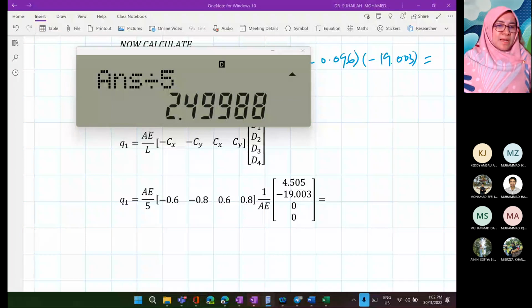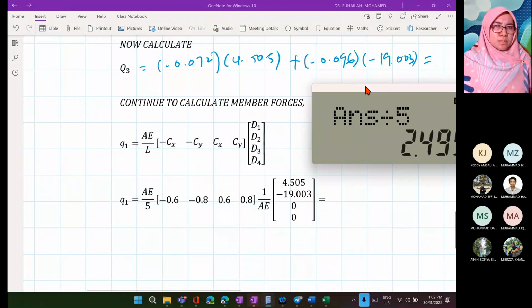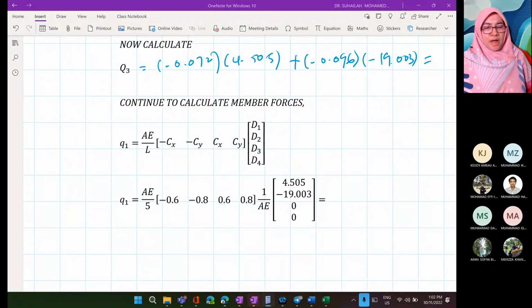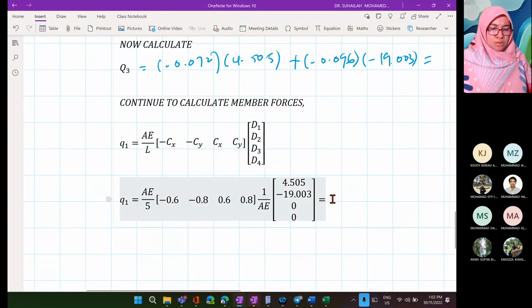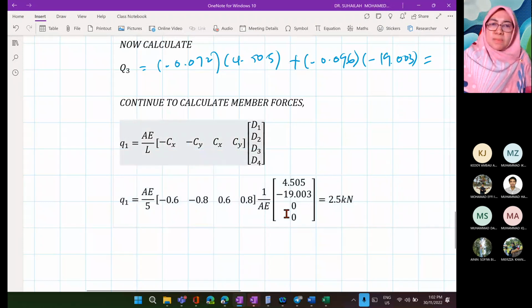So we get the value of Q1 equal to 2.5 kilonewton. So these are the member forces.